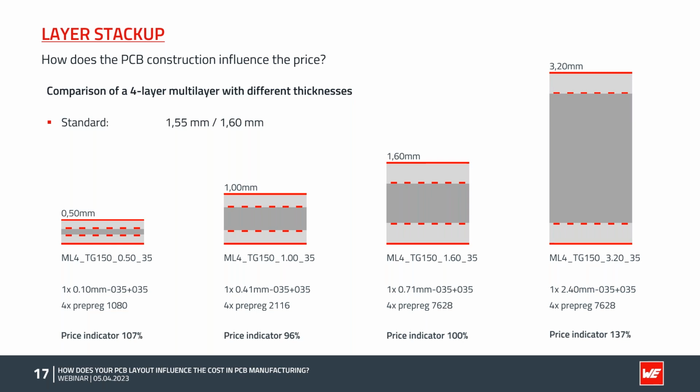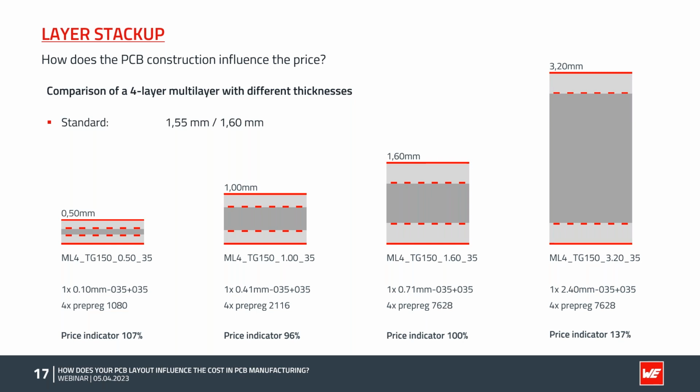you can go down in cost when you still use 0.4 millimeter or 1 millimeter thick PCB. But the thinner you get, then there is some kind of turnover that the price will rise again because the materials itself are getting more expensive due to processing issues, and especially here, an 0.1 millimeter core, that's basically a flexible core.